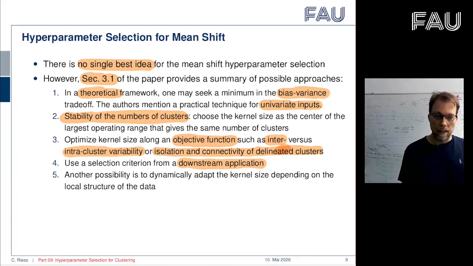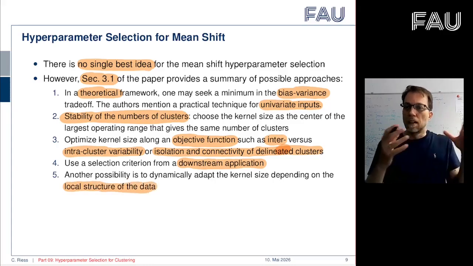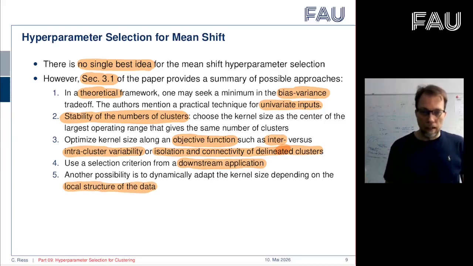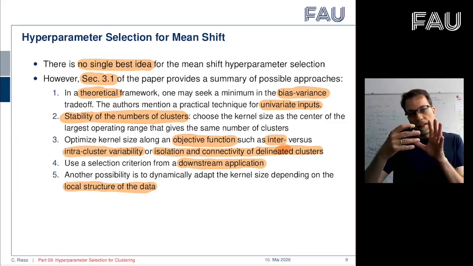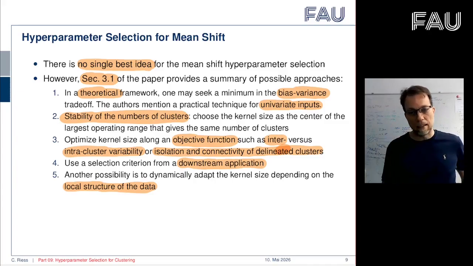And then another point that I think is interesting is that they say, well, okay, what you can also do is that you locally check how dense is my data, or what is the local structure of my data, and then locally adapt the kernel size in order to prevent cases like this disconnect that we saw of very isolated points.